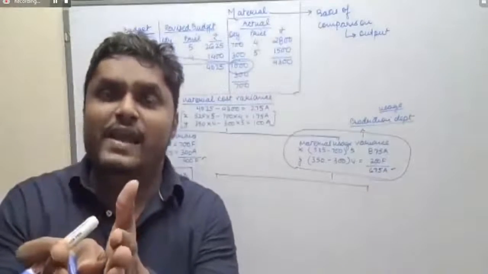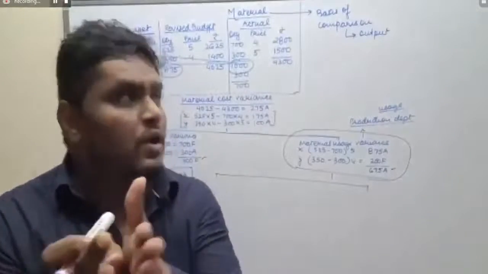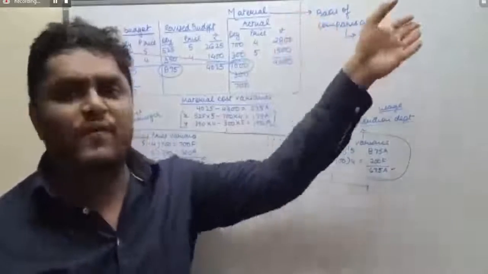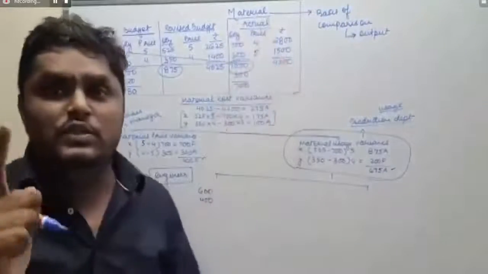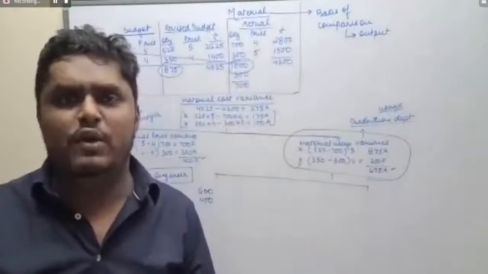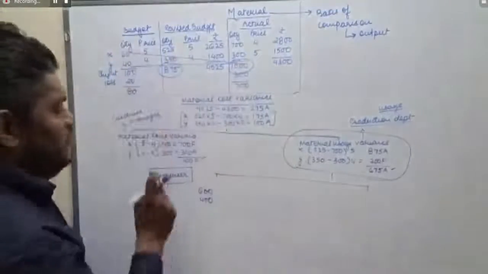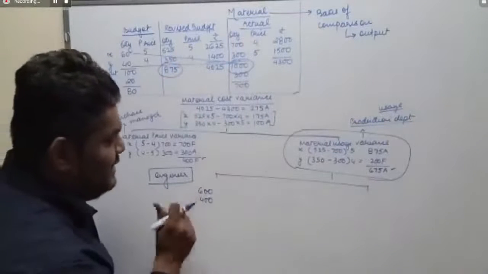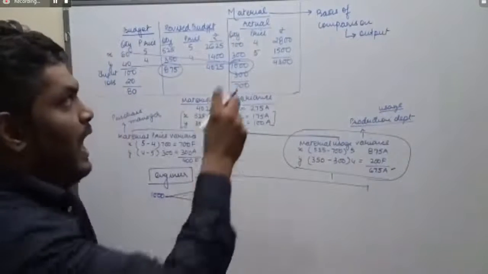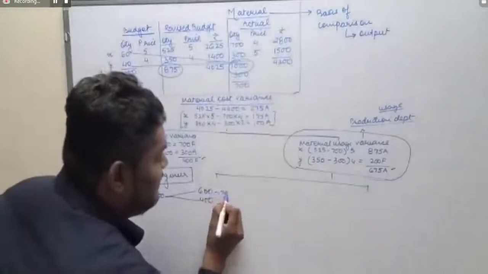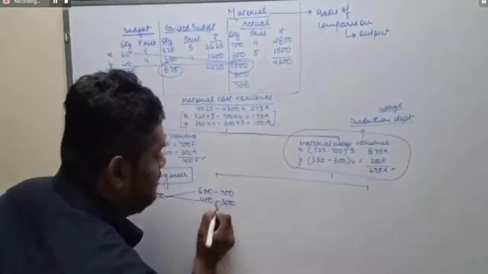Now herein we are calculating the material variances, and the basis of comparison is the output. That's why I have taken the actual usage, that is, a total of 1000 input was made during the year, and it should be in the ratio of 60:40, that is 600:400. However, the actual mix was 700:300.